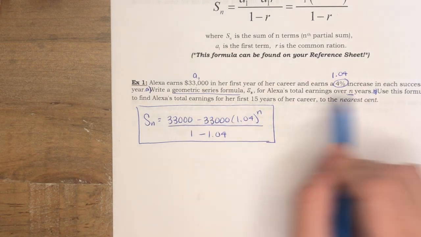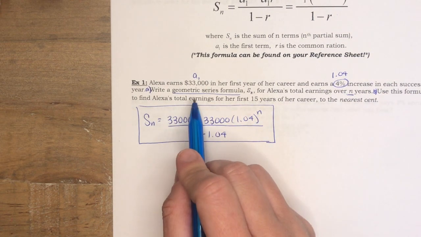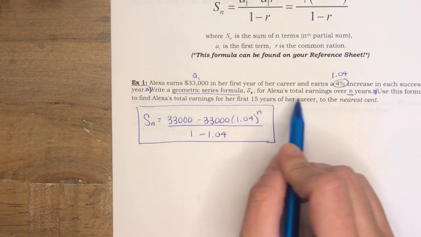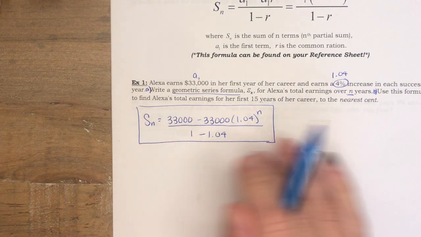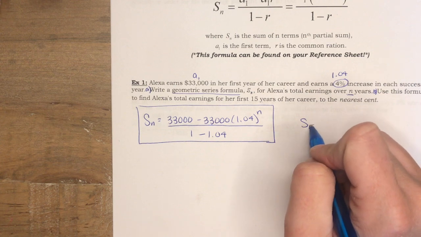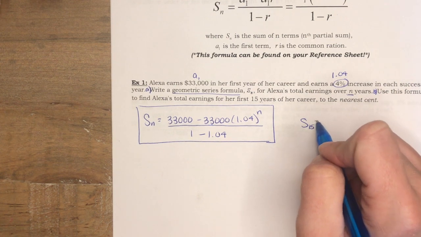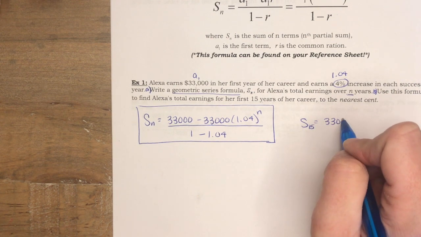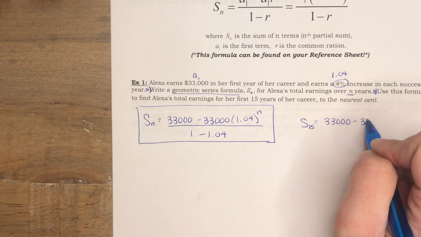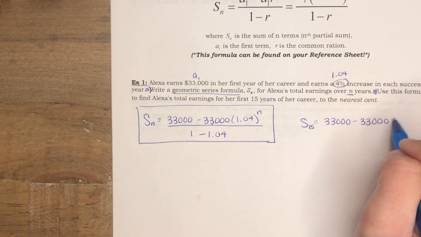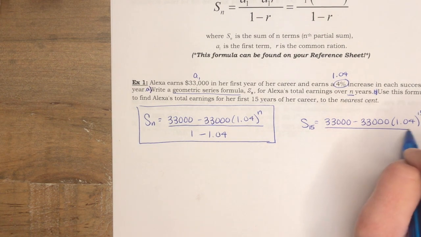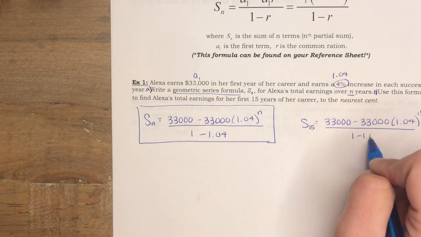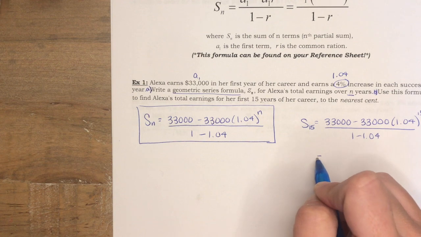Okay, so then they say, use this formula to find Alexa's total earnings for the first 15 years of her career. So now we're going to plug in 15. So you want to have them separate. So now I'm going to say, okay, n is 15. I'm going to plug it into the formula, times 1.04 to the 15th power over 1 minus 1.04.